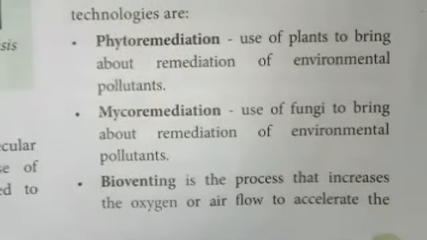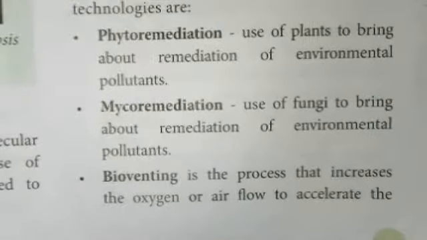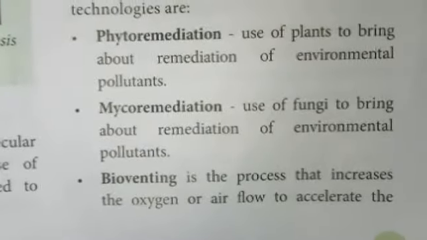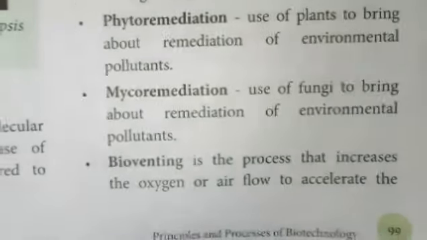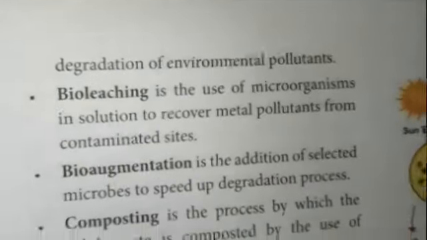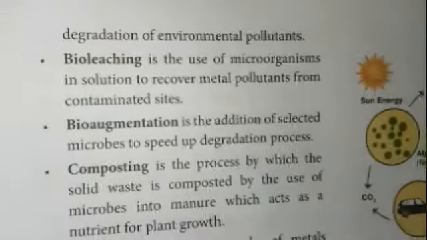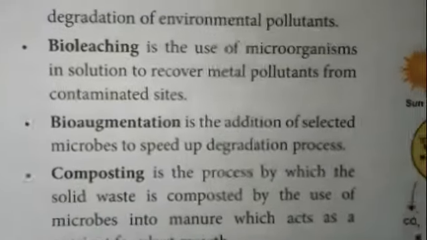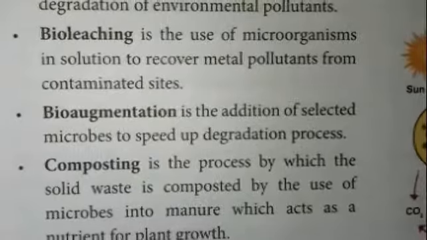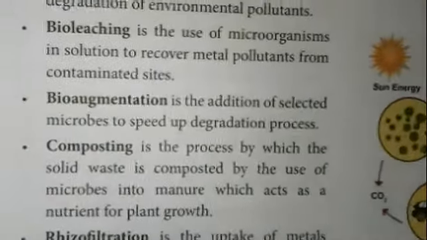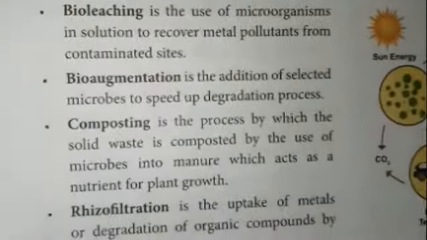Bioventing is the process that increases oxygen or air flow to accelerate the degradation of environmental pollutants. Bioleaching is the use of microorganisms in solution to recover metal pollutants from a contaminated site. It is used to remove metal pollutants from the target site.